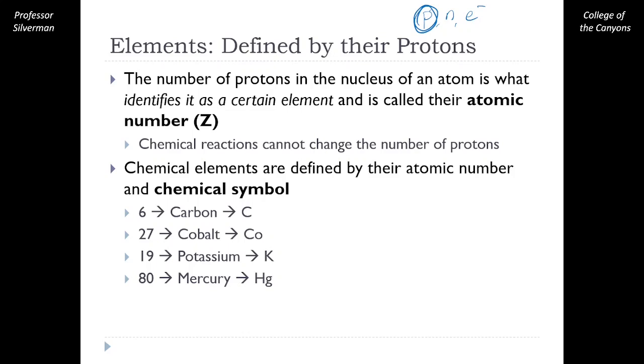As it turns out, the number of protons in that nucleus dictates what element that atom is. If you have 6 protons in that nucleus, you have to have a carbon atom. Likewise, if you have a carbon atom, it must have exactly 6 protons in that nucleus.